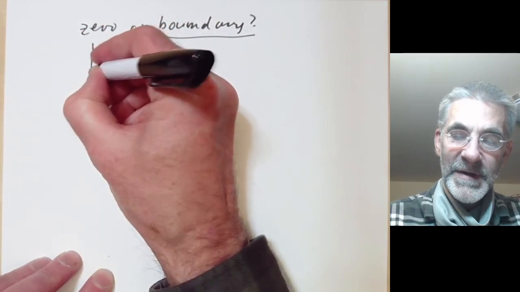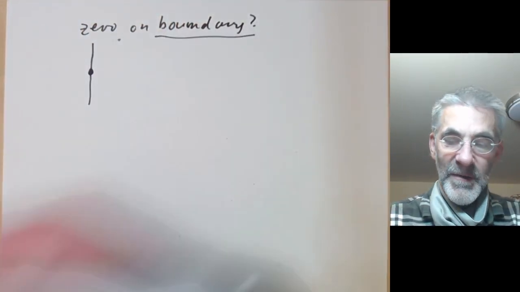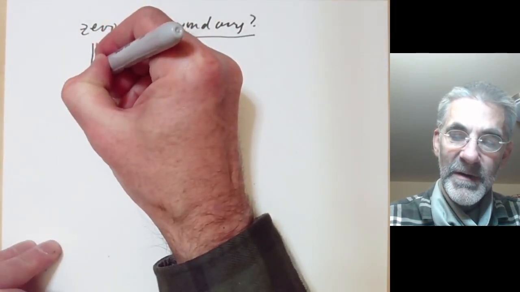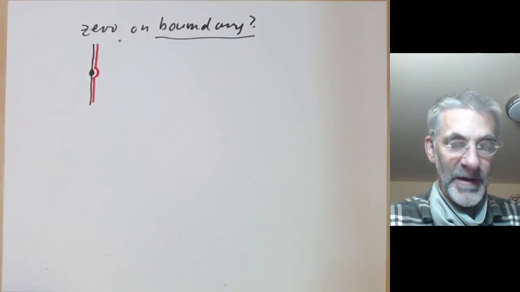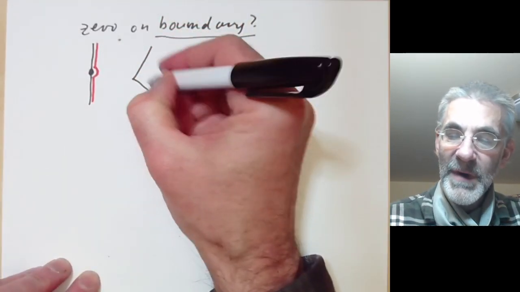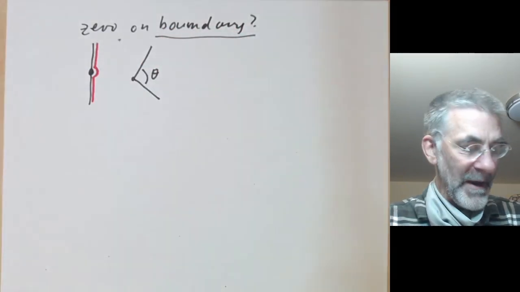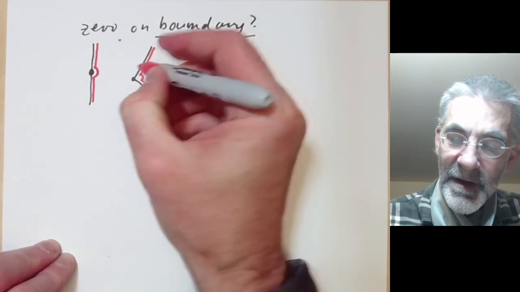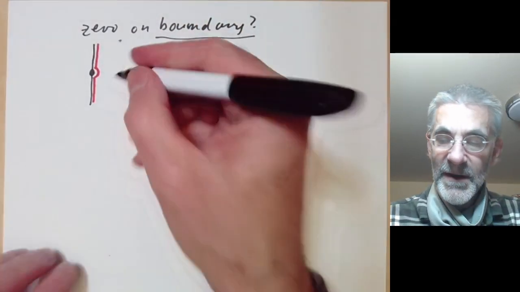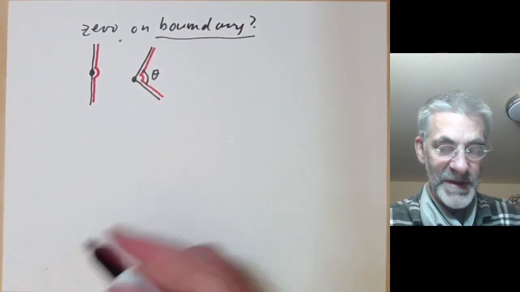If we've got a zero on the boundary, we can't integrate through the zero, so we can go round it in a little circular arc. More generally, the boundary might have a sort of kink in it where it makes an angle theta. And again, if we've got a zero exactly on this angular point, we have to integrate around it in a small sector of a circle.